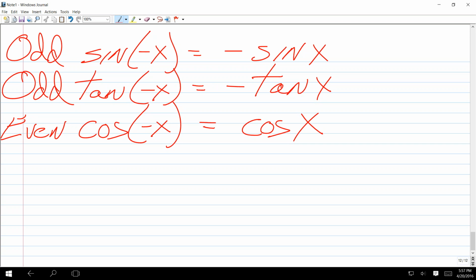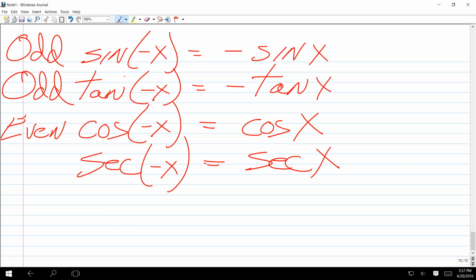It's just like if the cosine is positive in the fourth quadrant, then secant is also positive in the fourth quadrant. Well, if cosine is even, secant is even also, meaning that the secant of negative x is equal to the secant of x. So let's take an example.